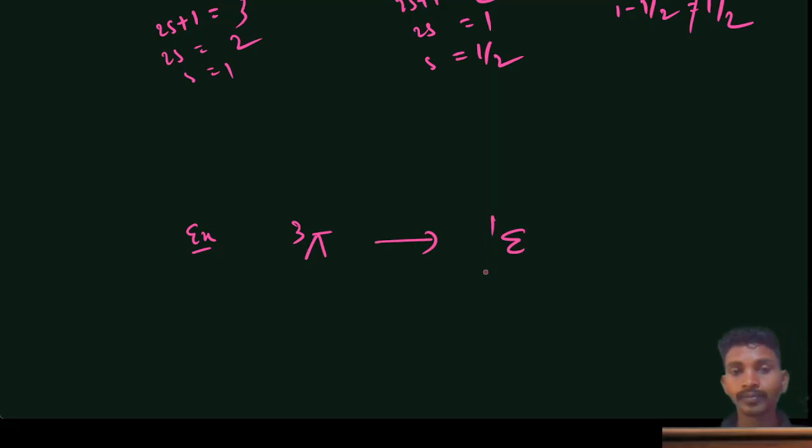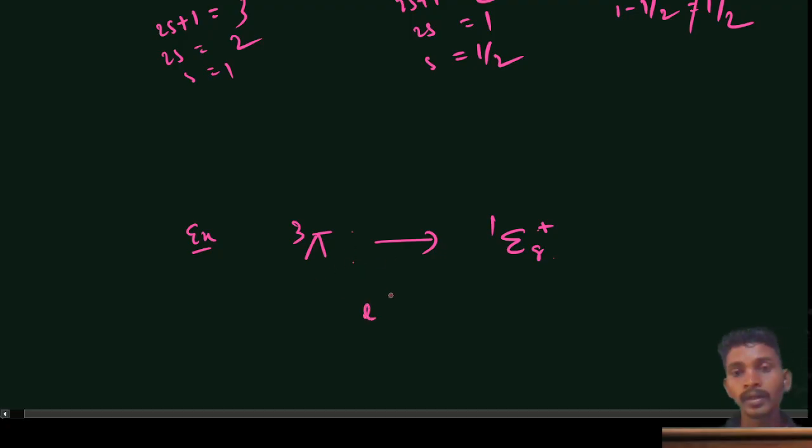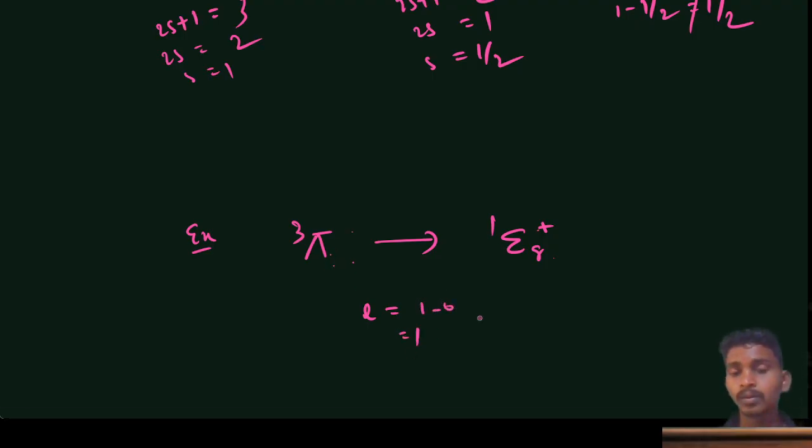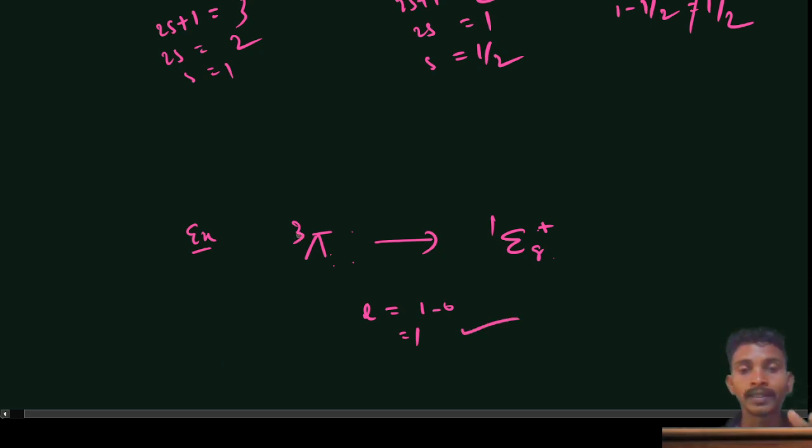Here maybe G, or let's say positive is there. Now is the transition allowed or not? Here those things are not there, so you will look only at the L value, that is, for this it is 1 and this is 0, so this is 1. So Laporte is allowed. Let's check the spin.